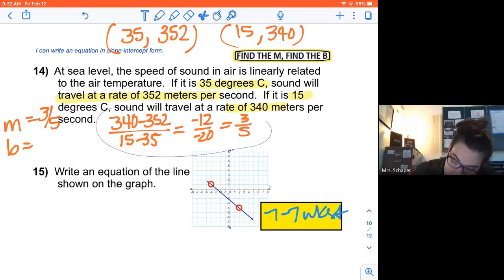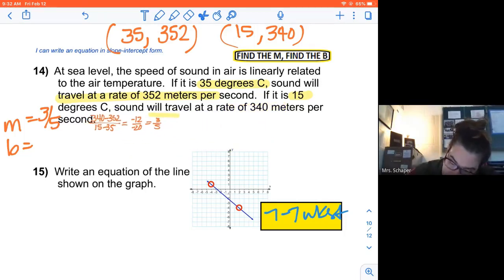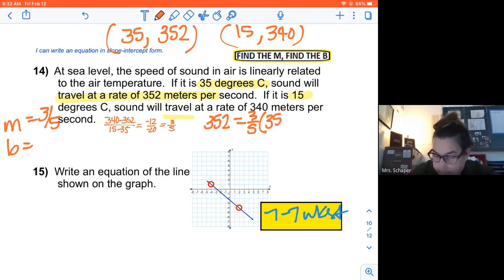All right, here we go. Now my beginning amount. So I'm going to take 352 is equal to 3/5 times 35 plus B. I'm solving for B. I substitute in my X, my Y, and my M, and here we go. So 3/5 times 35 is 21.